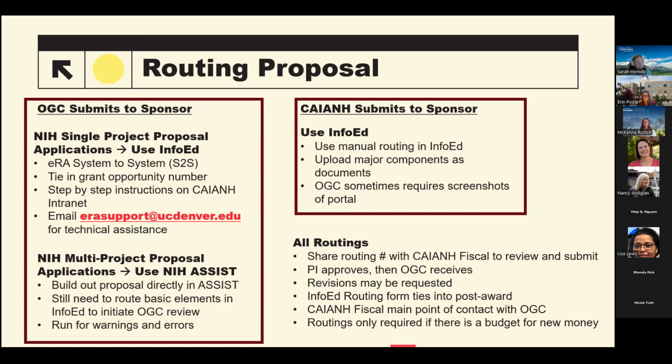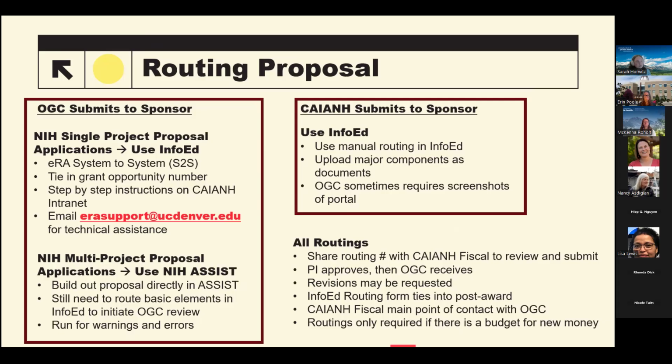So that's a main thing that the Cayenne Fiscal team is reviewing when we review the proposal before submitting it. And there is a lot of information on how to fill out that form correctly on the Cayenne Internet site. So if you're not sure how to do it, definitely go there.